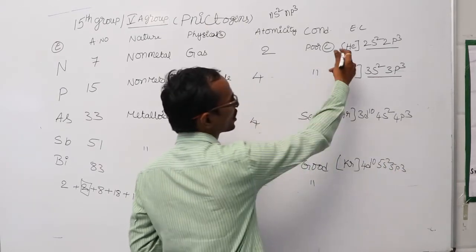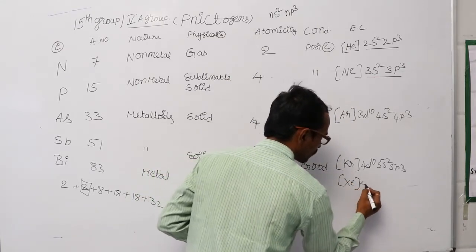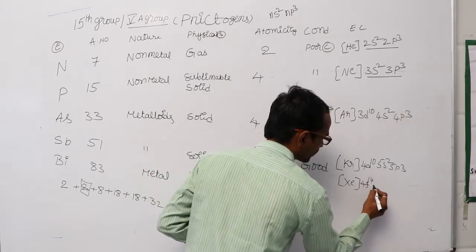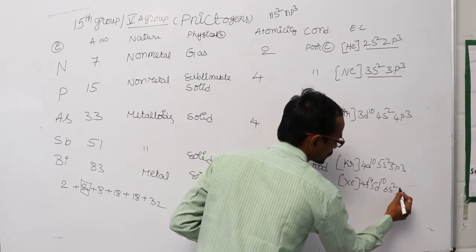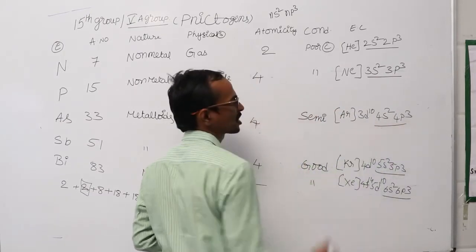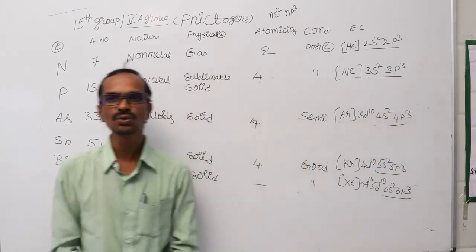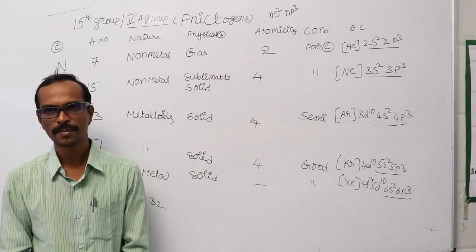Next helium, neon, argon, krypton, xenon, 4f14, 5d10, 6s2 6p3. Here also in the valency shell you are having ns2 np3 electronic configuration only.